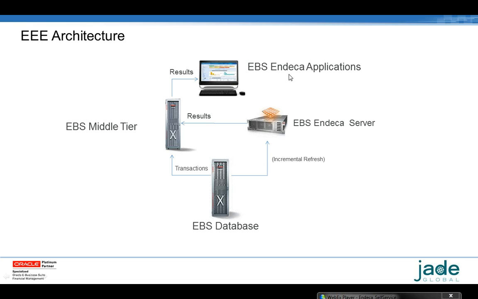So you can combine these two into one single server, or you can have two servers. But architecture-wise, this is hidden from the end users. They will have the same unique experience of logging into EBS and getting relevant information from Endeca, and it gets passed on through your middle tier.